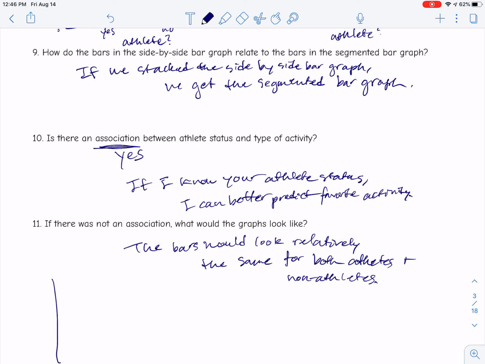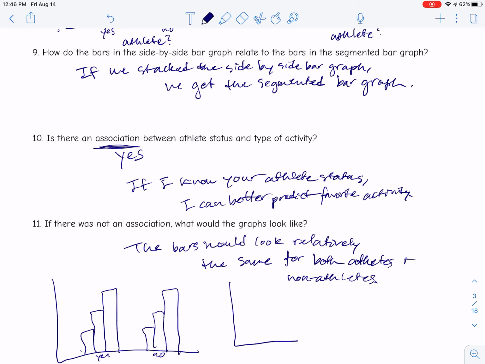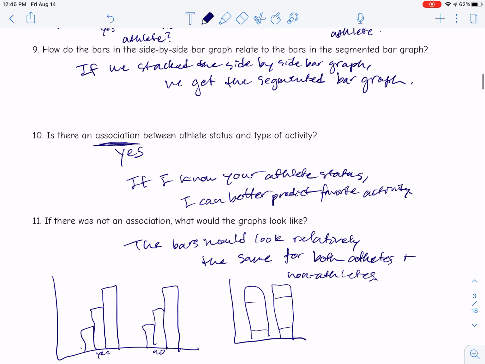So in other words, for the side-by-side, you can imagine maybe the yes looks something like this, and the no would look the same. Or for the segmented bar graph, if the bars showed something similar. Okay.